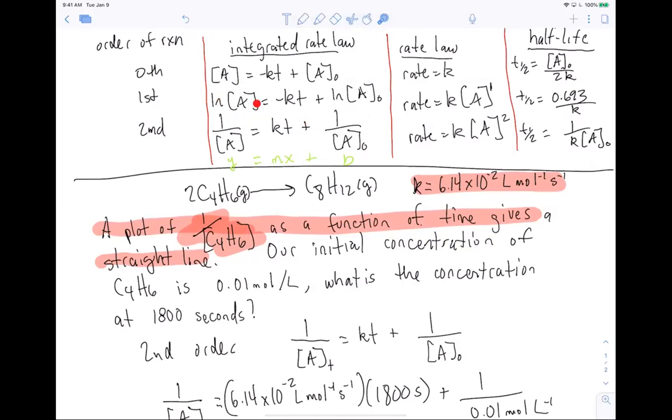That means that if you plotted the natural log of the concentration of C4H6 as a function of time, you would not get a straight line, so it wouldn't fit that. A lot of times what you end up doing when you're doing this type of chemical physics stuff is taking data and trying to model that data with an equation.